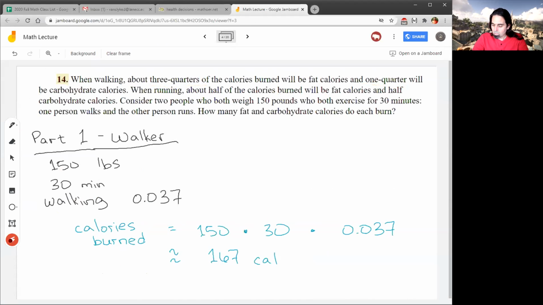So let's divide the 167 and say that 3/4 of it is about 126.